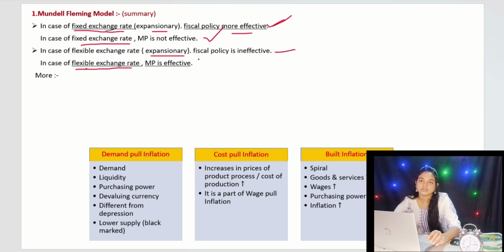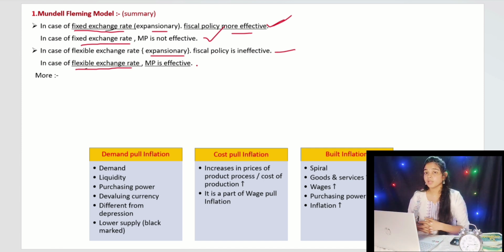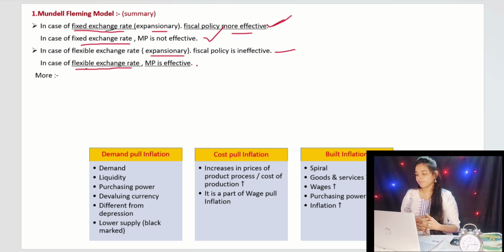As a result, the IS curve became flatter, and if the IS curve in case of the flexible exchange rate system is flatter, that means it is ineffective. And when the fiscal policy is ineffective, the monetary policy is effective. Got it? As the central bank can adjust the interest rate to stimulate the economy.